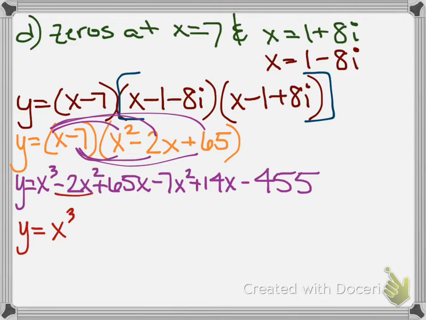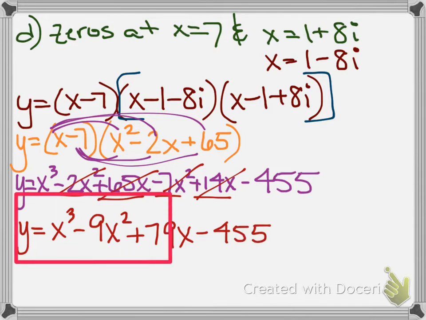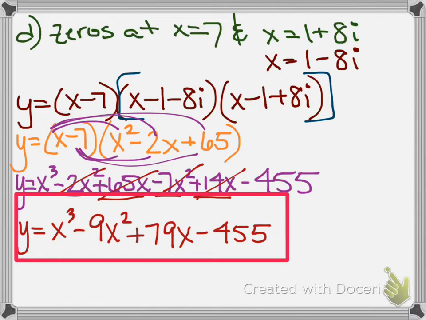Negative 2x squared and negative 7x squared is negative 9x squared. They're done. 65x and 14x makes 79x. They're done. And then nothing like the constant, so we put that on the end. And there we have section 2, part D, an equation in general form with real coefficients.